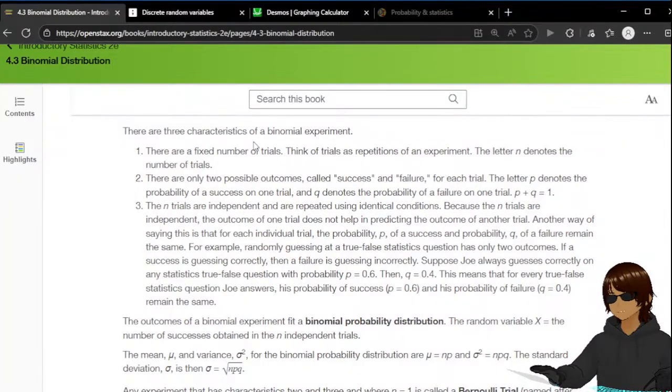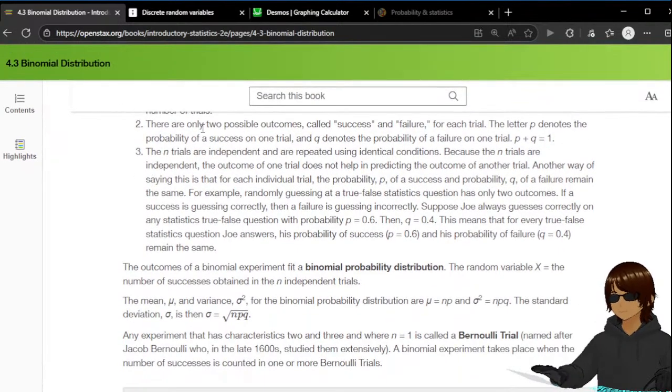There are three characteristics of a binomial experiment. There is a fixed number of trials. Think of trials as repetition of an experiment. The letter n denotes the number of trials. There are two possible outcomes, success or failure. The n trials are independent and are repeated using identical conditions. Because the n trials are independent, the outcome of one trial does not help in predicting the outcome of another trial.